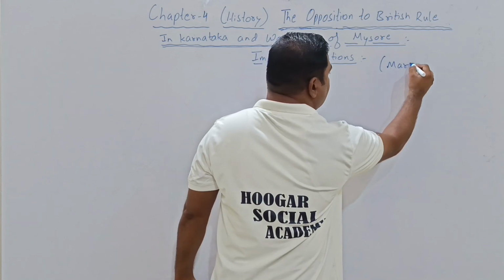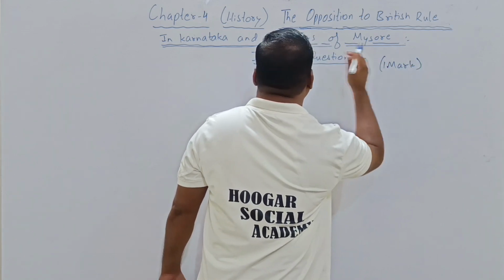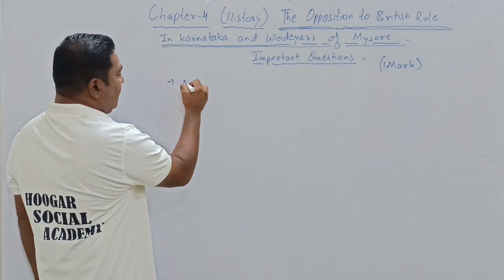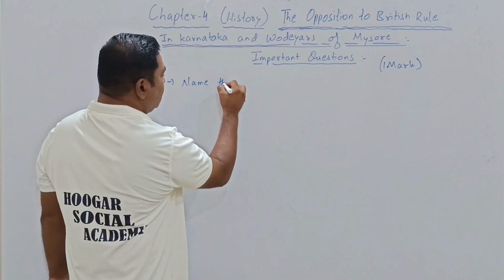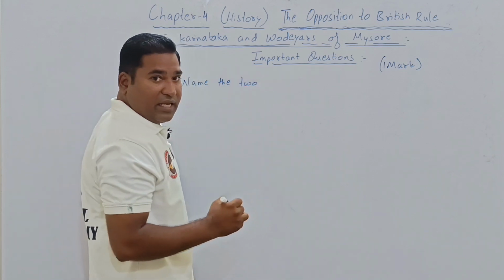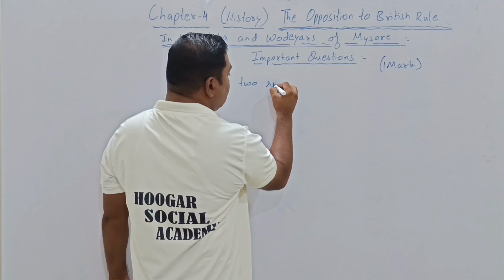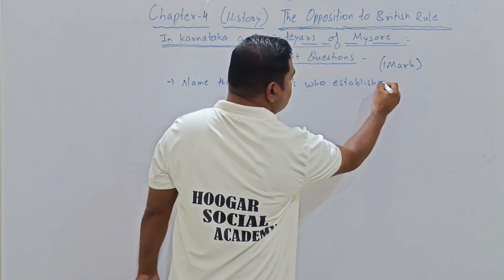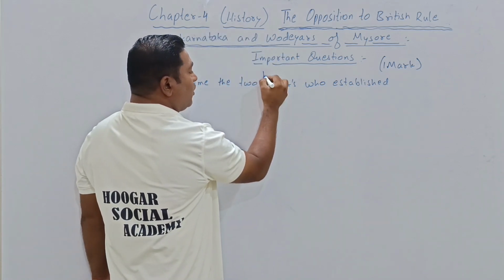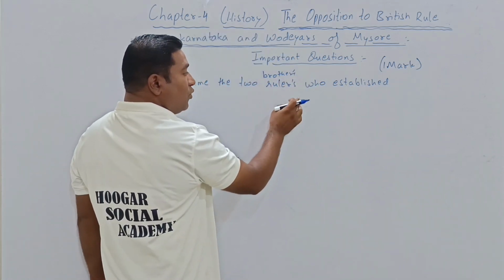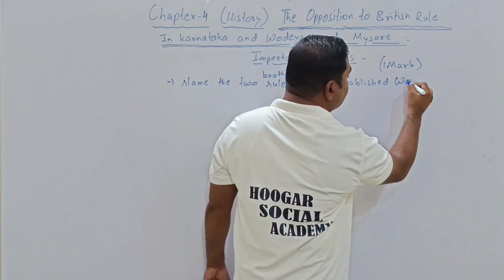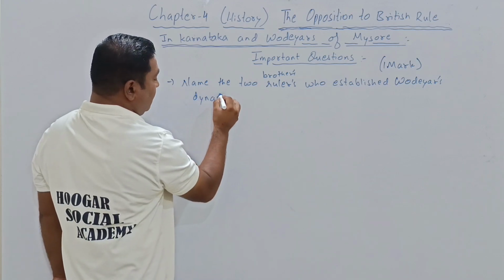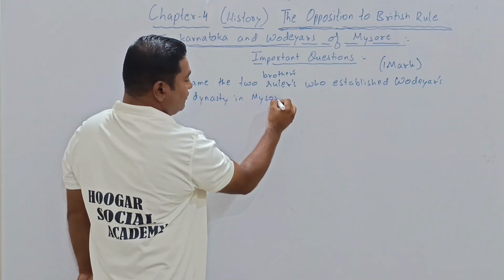It is from chapter number 4, the opposition to the British rule in Karnataka and Wodeyars of Mysore. Here, for the 1 mark: name the two rulers or brothers who established the Wodeyar dynasty in Mysore.